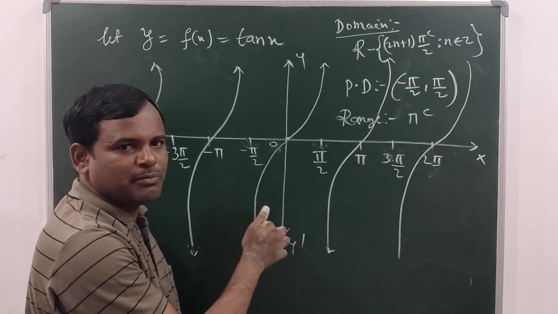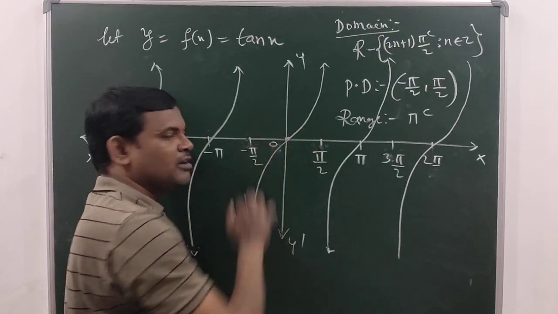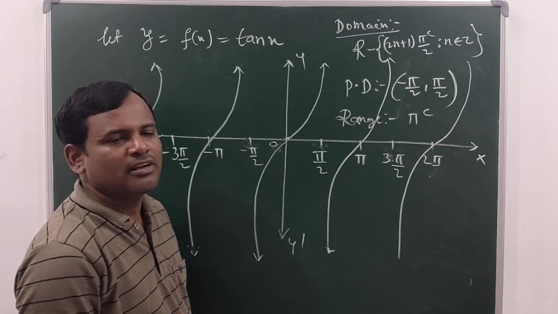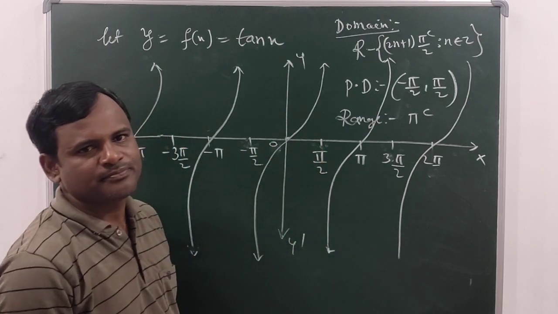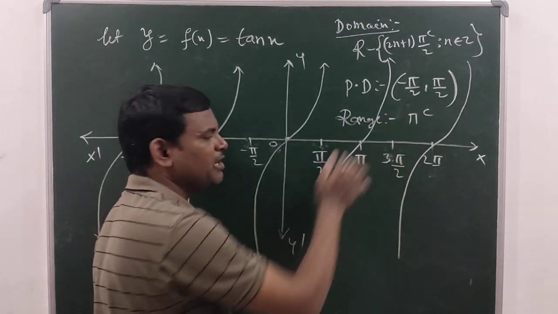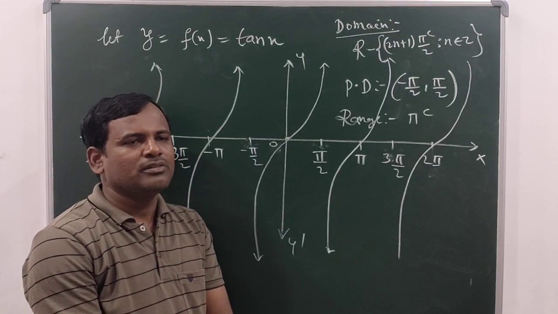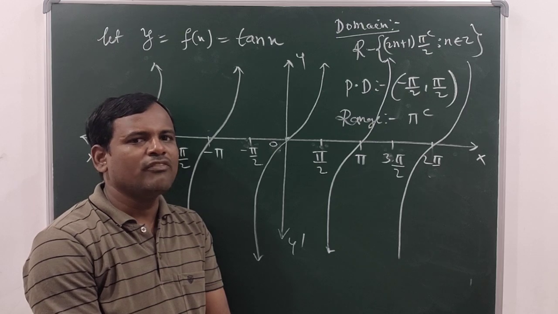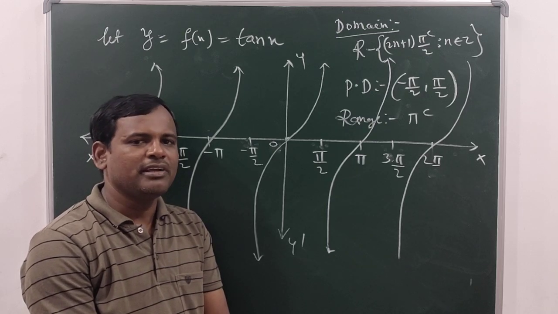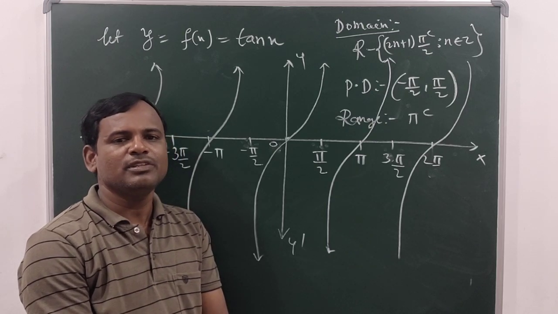The graph of tan x is repeating after pi length. Hence its period will be pi radians. Yes or no? The graph of tan x is repeating after how much length of interval? Pi. Hence it is a periodic function with period pi.